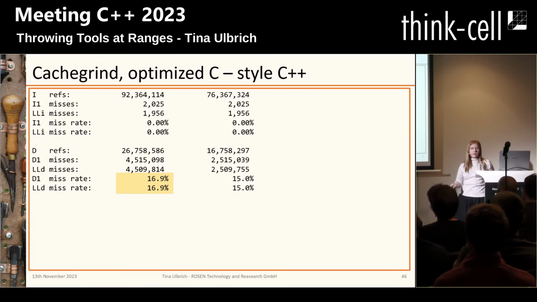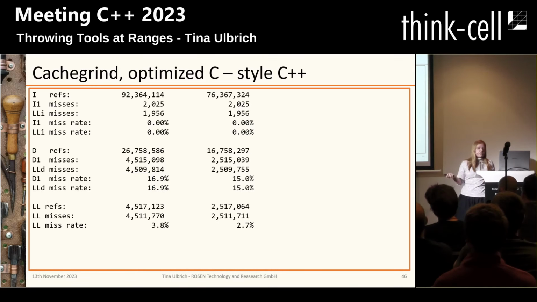Cannot get any better than that. The data refs also went down, which makes sense because we create two fewer temporaries that we need to write and read. The miss rate is still high. I'm not an expert in how to manage this memory, so there might be a trick to this.